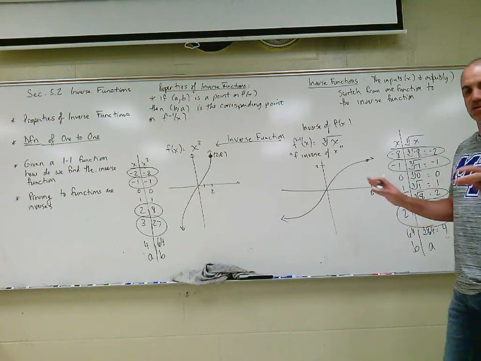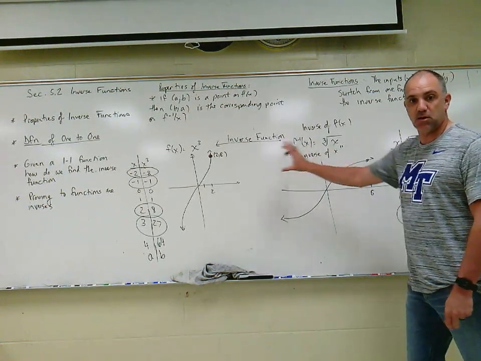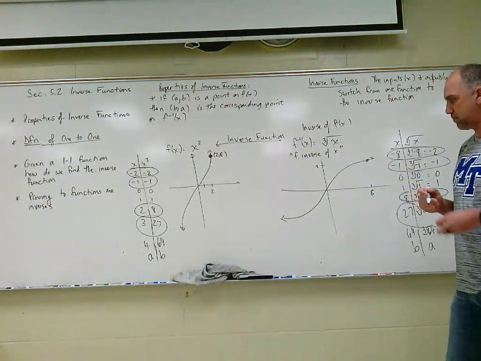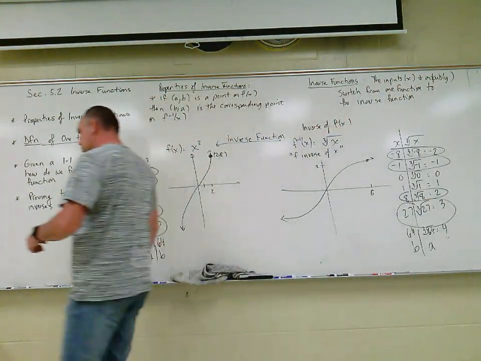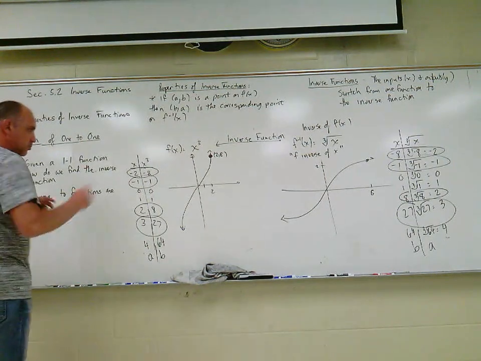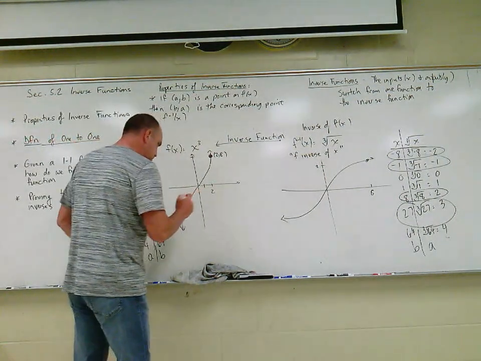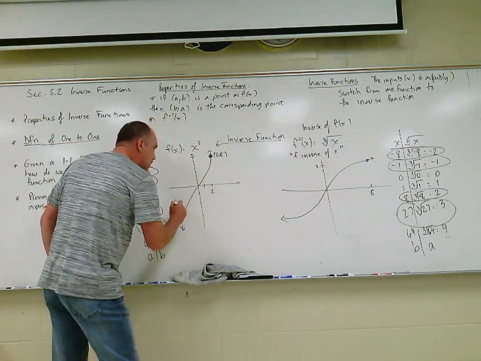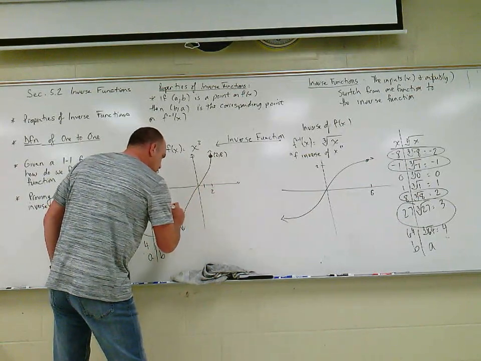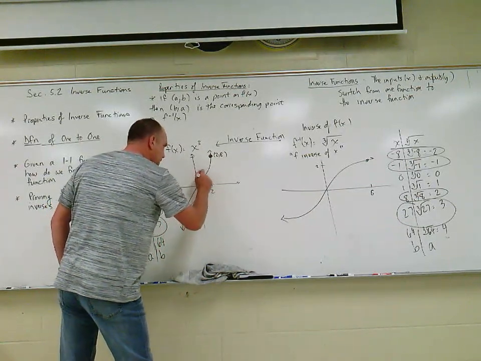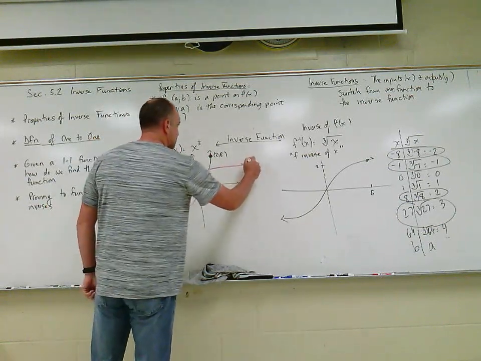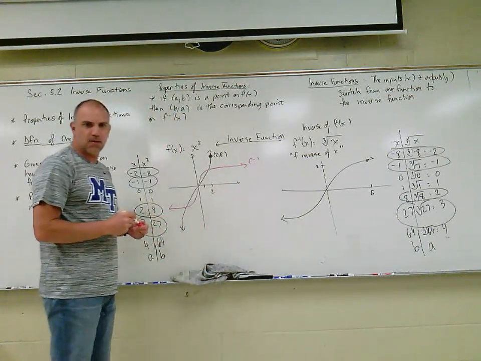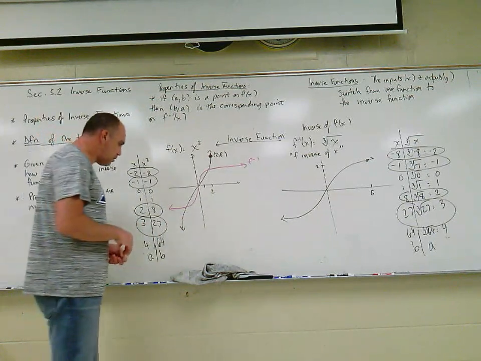So what I'm going to do is take the inverse function and graph it on the same graph so we can compare. And I'll do that in a lighter color, and this pink will hopefully show up here. So I'm going to graph f inverse on the same one. Okay, so this is f inverse. Yeah, we can see that it shows up.